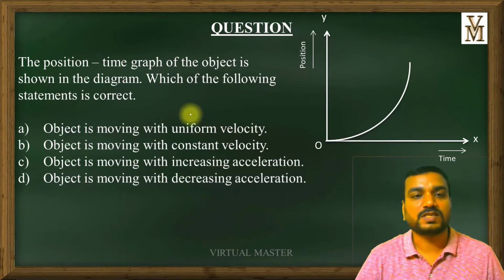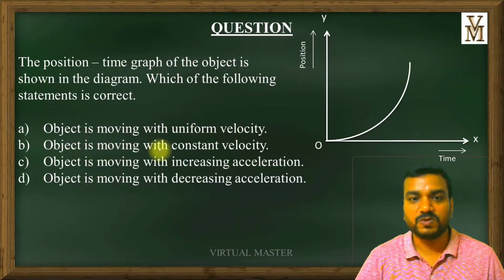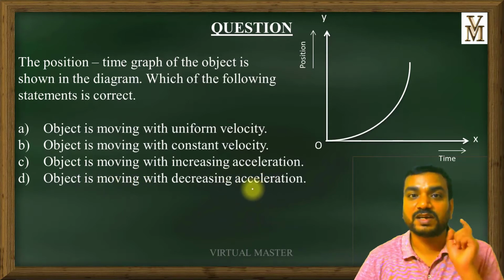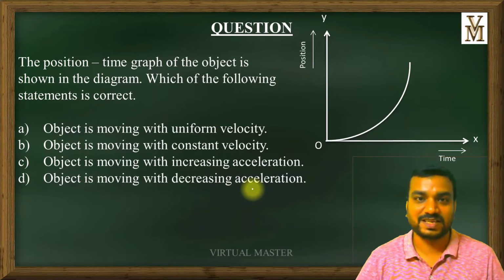The first statement is object is moving with uniform velocity, and the second one is object is moving with constant velocity, object is moving with increasing acceleration, and the last one is object is moving with decreasing acceleration. You have to give the correct answer in the comment section.